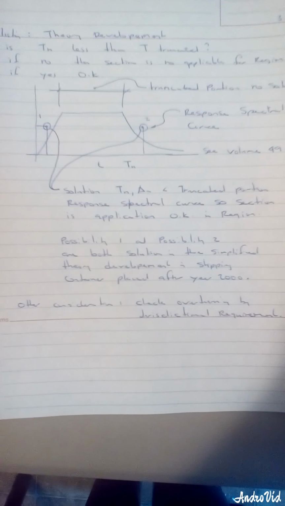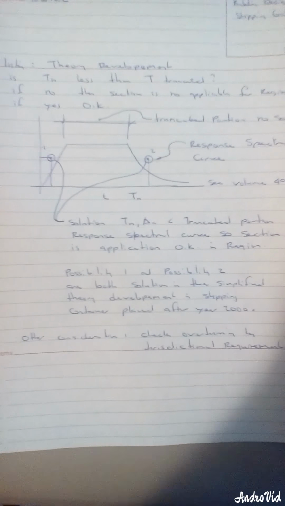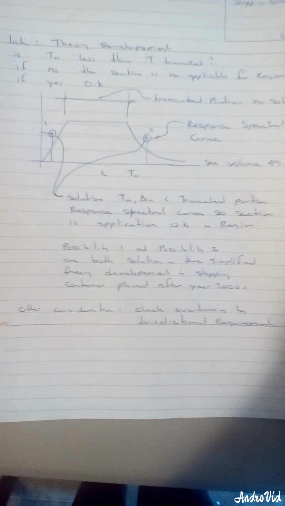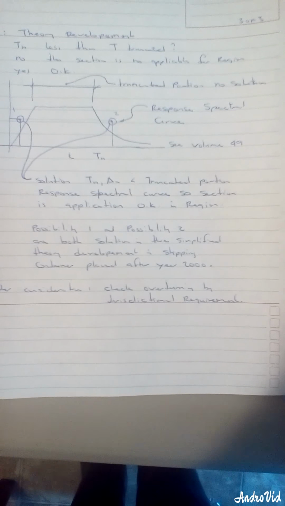And you can see volume 49 for that discussion about the response spectral curve. Then there's said to be a solution, T sub n, A sub A combination in the graph there, less than the truncated portion of the response spectral curve, so the section is applicable, okay in the region. Possibility 2 being T sub n, A sub A greater than the truncated portion, and that is also then applicable, okay in the region.